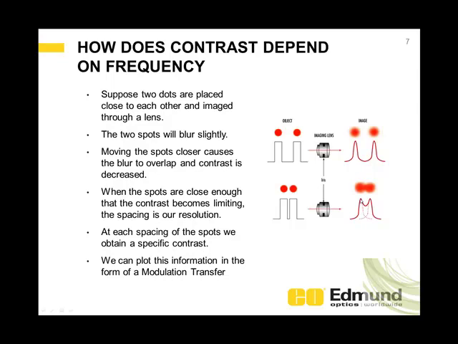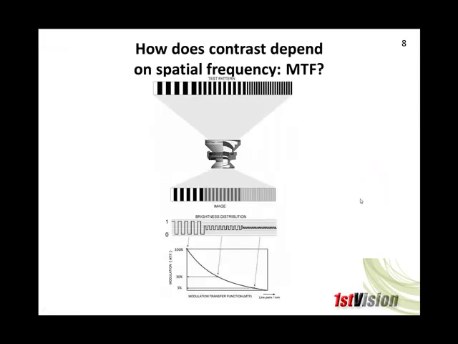We can plot this information in the form of the modulation transfer function. So let's look again at the spatial frequency versus contrast. On the top, we have a test pattern where the line pairs are getting closer and closer. So this is a frequency modulation. We're putting it through the lens, and below you can see that in this image, we don't have the same contrast anymore.